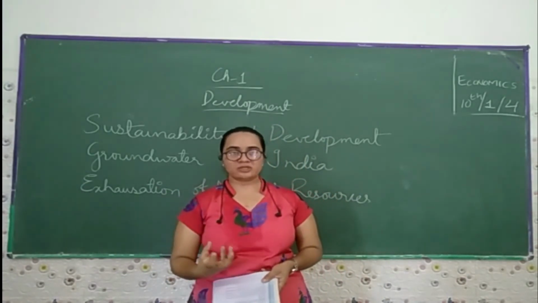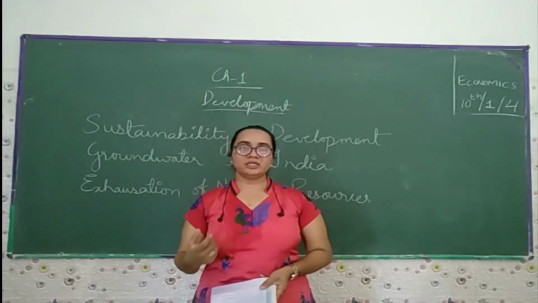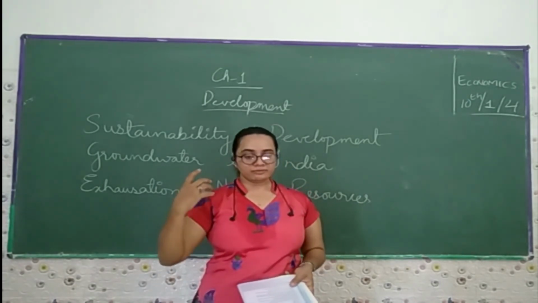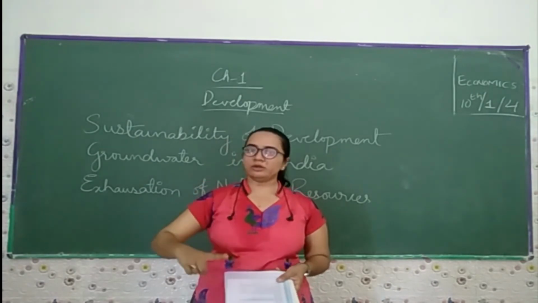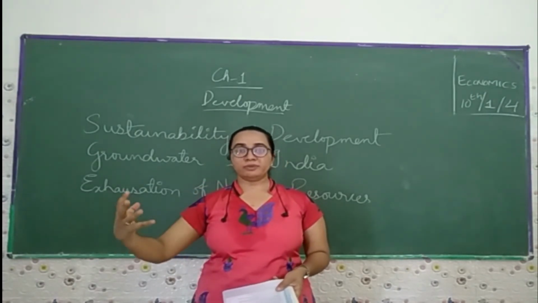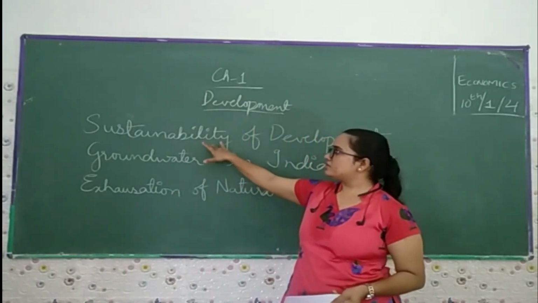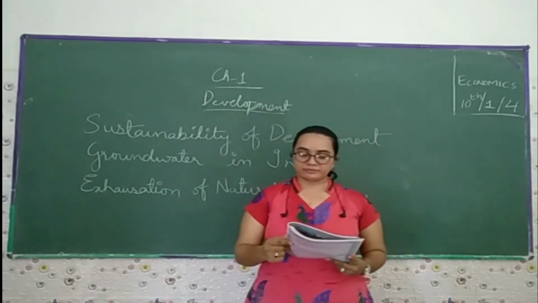So we have to preserve our water and natural resources at a level that can fulfill all the demands of the present generation, and we can preserve them for future generations as well. This comes under the sustainability of development.